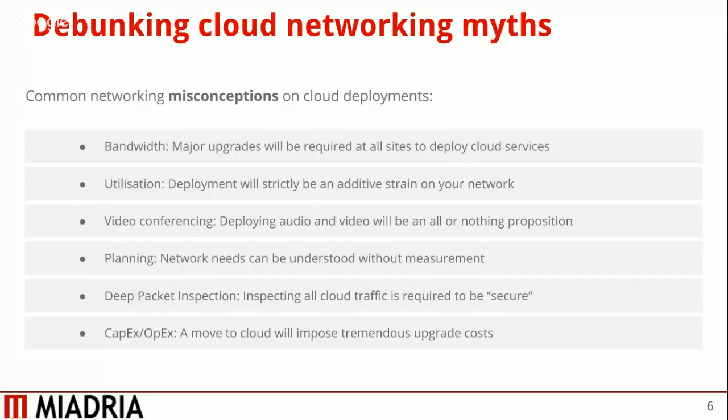Deep packet inspection, and especially this SSL interception with intermediate certificates, those are really not needed requirements to have a secure network. Today, most cloud service providers and Google Apps especially enforce using secure socket layer encryption.